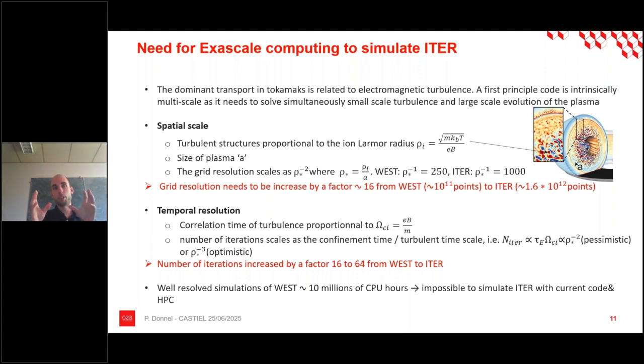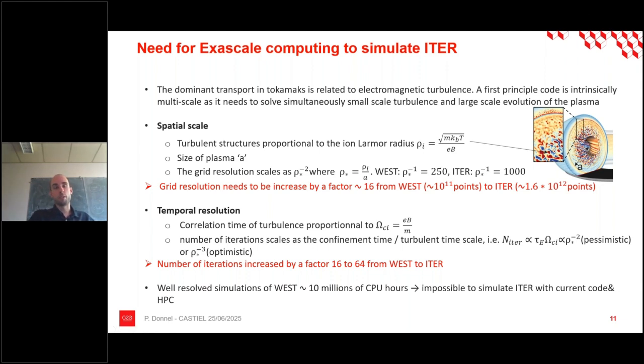And so the number of iterations needs to be the energy confinement time divided by the turbulence time scale. And again, this number of iterations scales like either rho star to the power -2 or rho star to the power -3, depending on the physical regime we are in. And so it means in terms of number of iterations, you have to increase by a factor of 16 to 64 to go again from West to ITER.